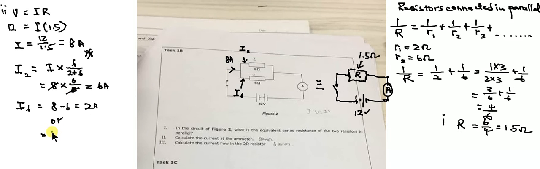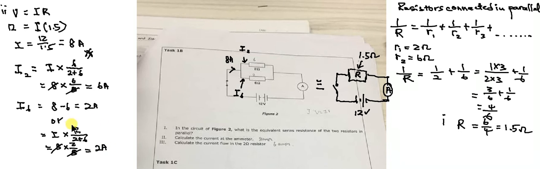Because the resistance is 6 ohm, you expect less current to flow in. So you use 2 over 2 plus 6. So this becomes 8 times 2 over 8, cancel off, and you end up with 2 ampere.